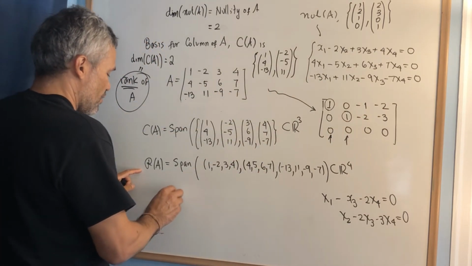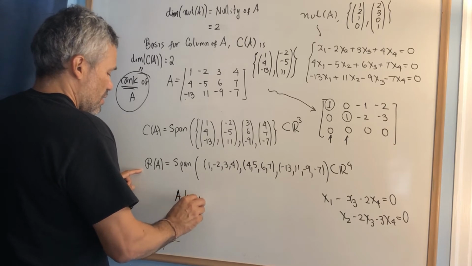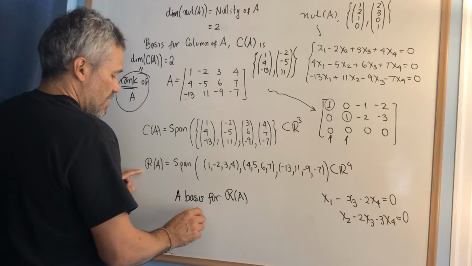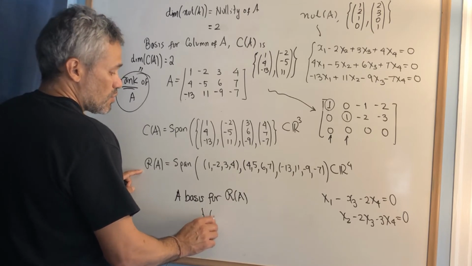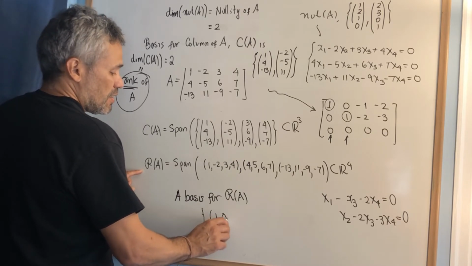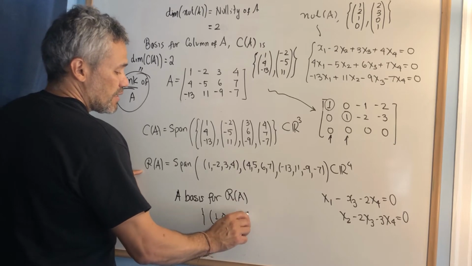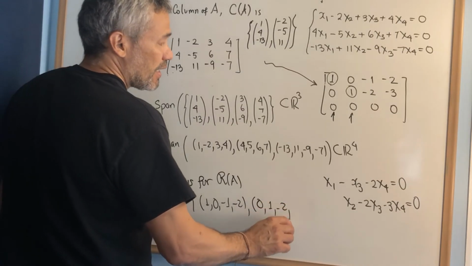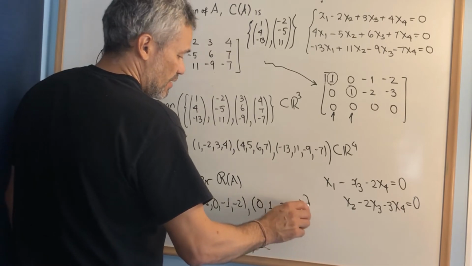Then a basis for the row space of A is just these two rows: 1, 0, -1, -2, and 0, 1, -2, -3.